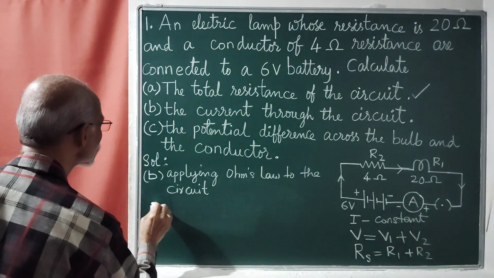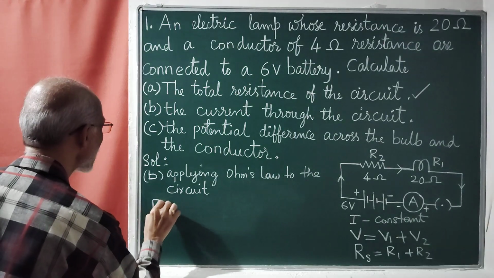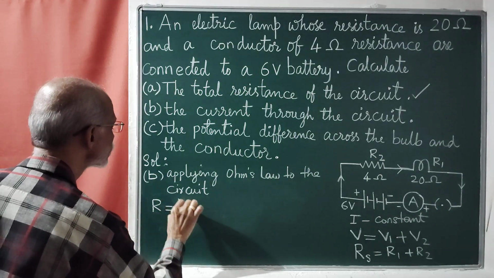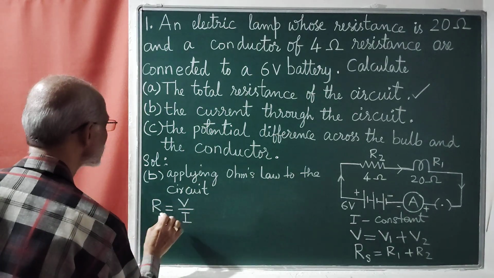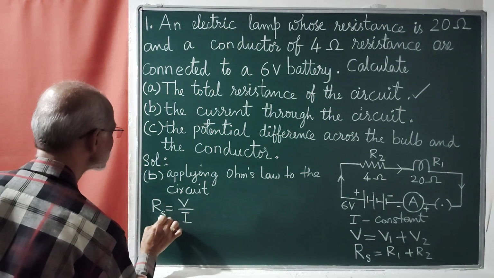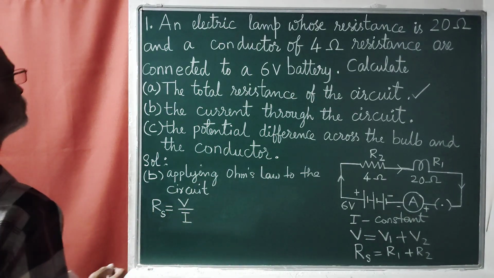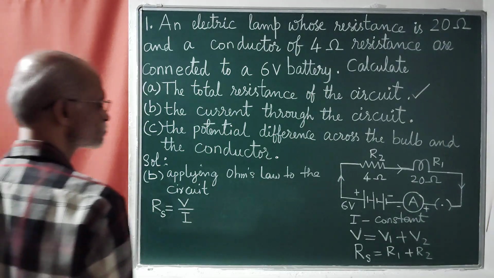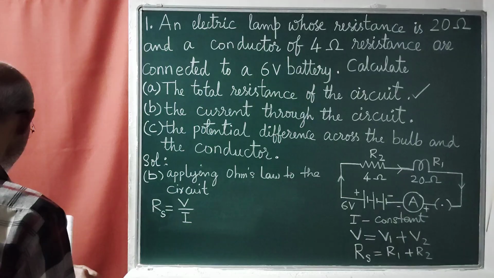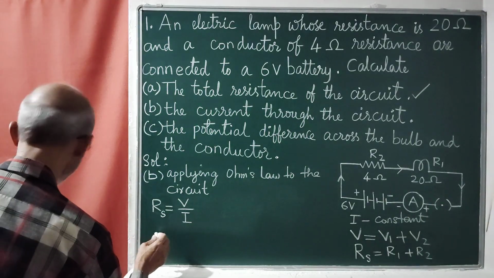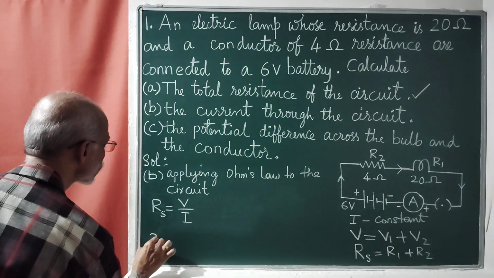Ohm's law says R is equal to V by I. That is Rs, the total resistance, which we just found to be 24 ohms.